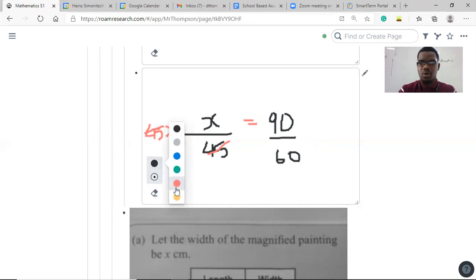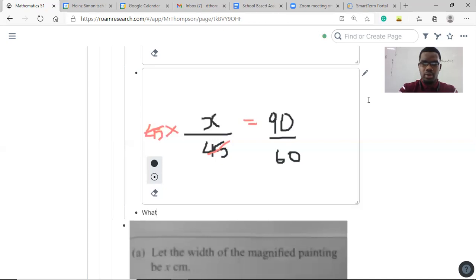The brother now is over here because the rule is wherever we do on one side, we do on the next. So in this case, we multiply the right-hand side by 45 as well. All right?